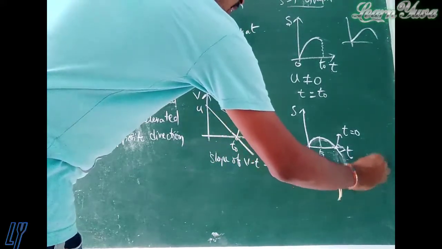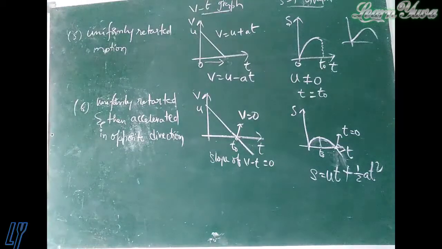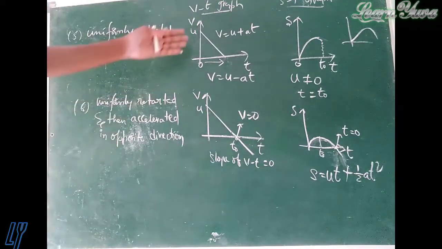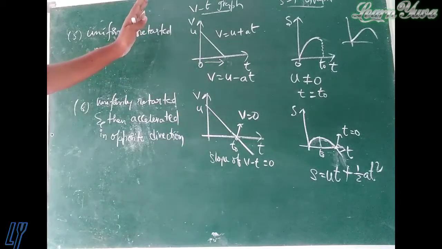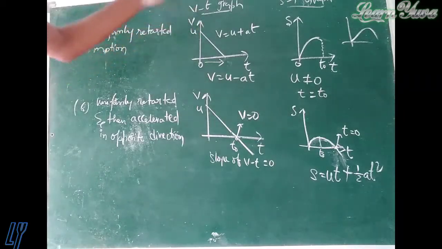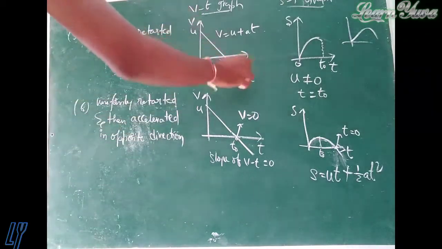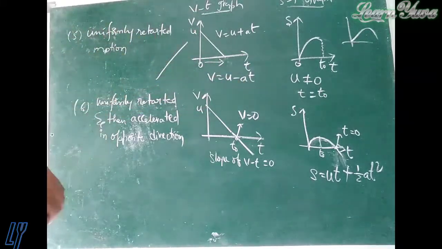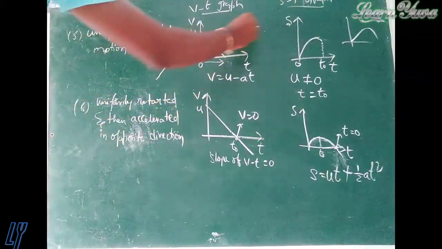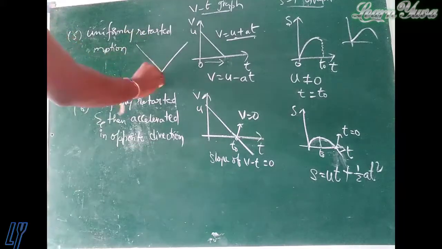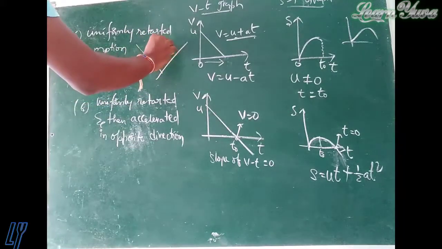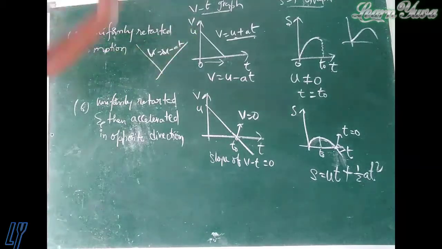If it is a straight line, that depends upon whether it is accelerated or retarded. If it is accelerated, then we apply v equal to u plus at. If the graph is like this, then we apply v equal to u minus at. That depends upon the graph.